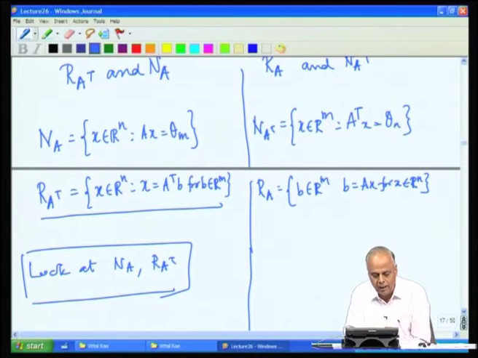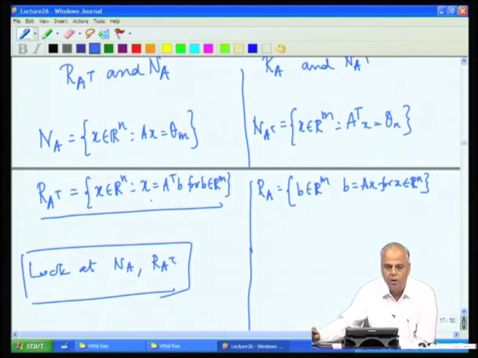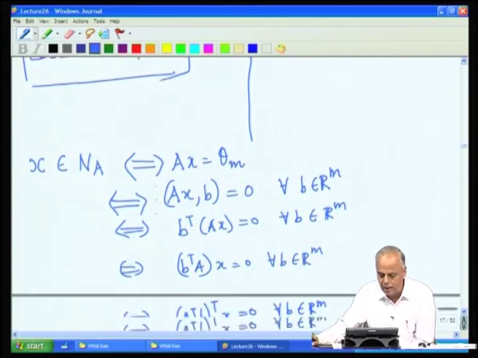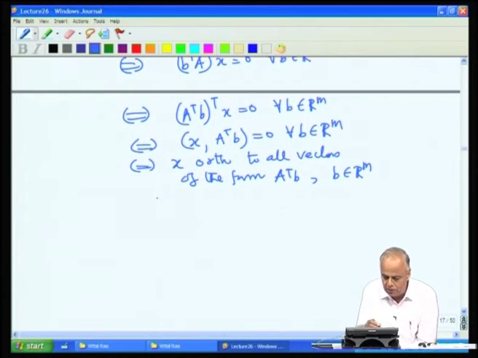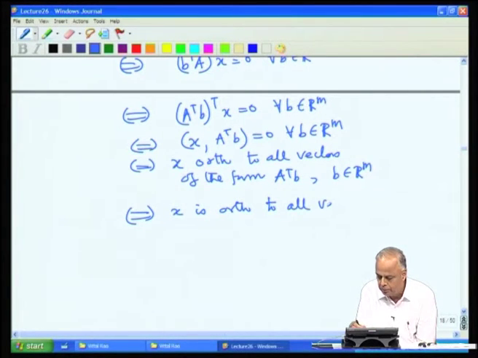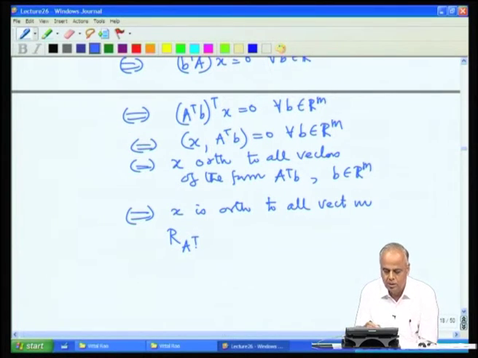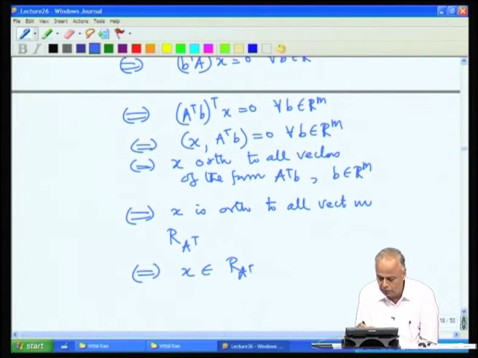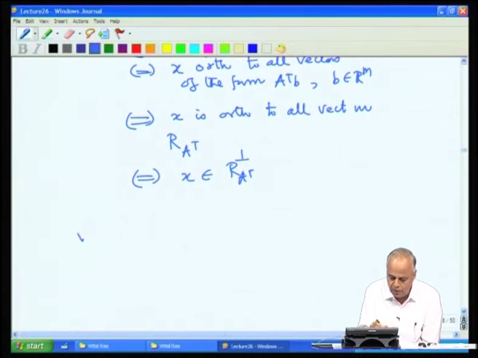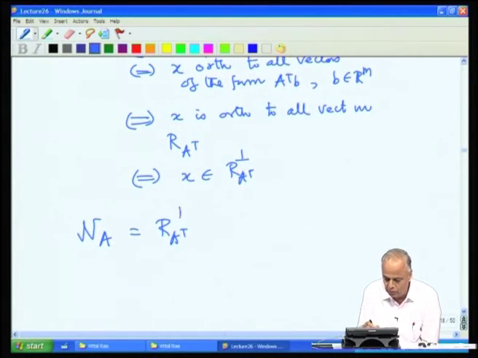The vectors in the range of A transpose are all vectors of the form A transpose B, and therefore this means x is orthogonal to all vectors in the range of A transpose, which means x belongs to range of A transpose perpendicular. Thus, we see that the null space of A is the same as range of A transpose perpendicular.